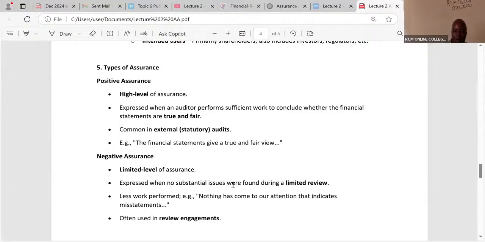It is expressed when no substantial issues were found during a limited review. The review was really limited because the resources were scarce, no time, no nothing. So I'm going to give you this assurance when we have what we call a limited review. There is less work performed. So this is how it will read: nothing has come to our attention that indicates misstatements.